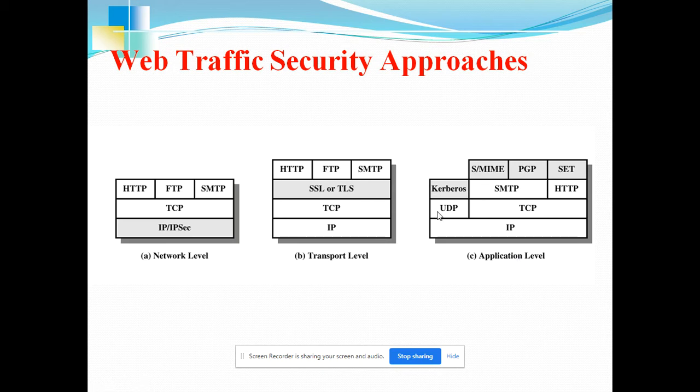Kerberos is one of the protocols for authentication. Third party authentication is very popular, with a key distribution center and authentication of users. S/MIME, Secure Multi-purpose Internet Mail Extensions, and PGP, Pretty Good Privacy, are two very popular secure email protocols.